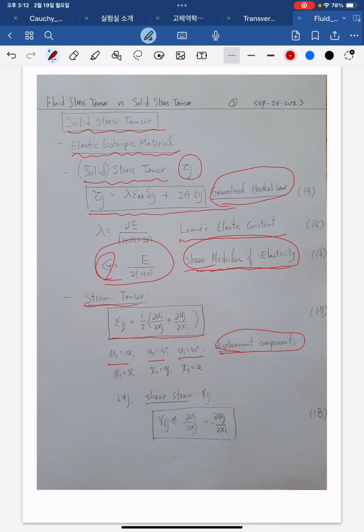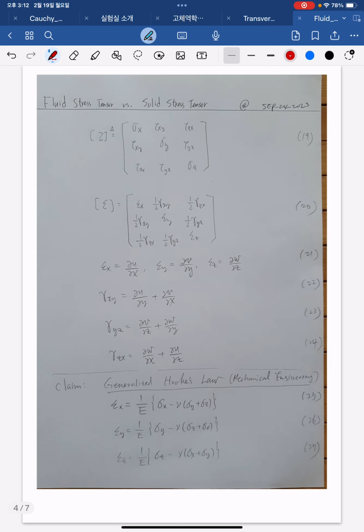In contrast to the viscous stress tensor, the strain tensor for the solid stress tensor is given by the displacement components. Especially, shear strain gamma ij is defined by this equation.